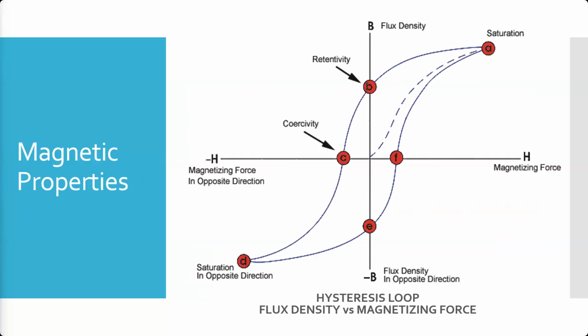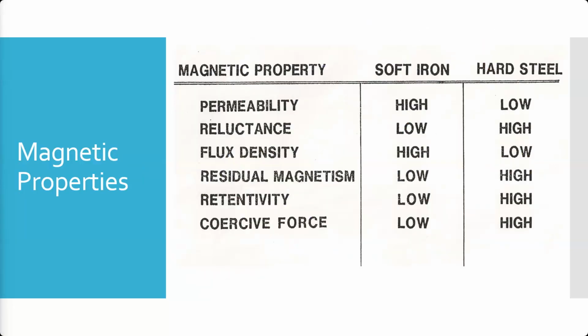Depending on the part, something like stainless steel, it'll have a saturation point. The retentivity point is going to be pretty darn close back to the origin. It's going to have a real steep return curve, because it loses magnetism. Something like soft iron retains a lot more. In fact, that's our next slide right here. So soft iron has high permeability.